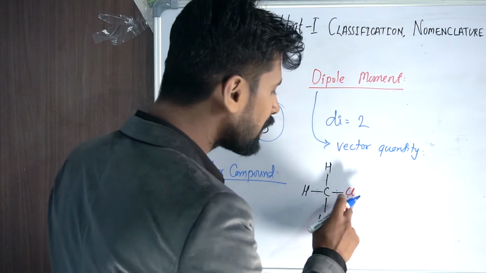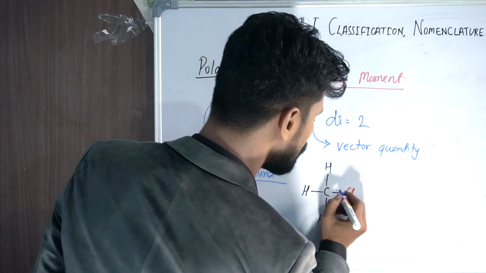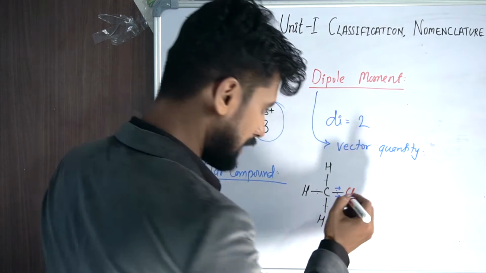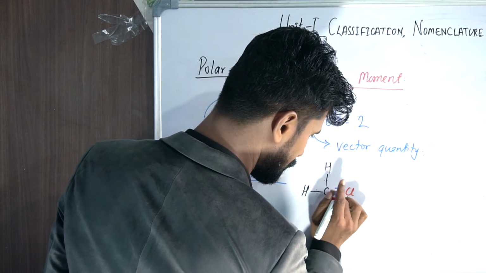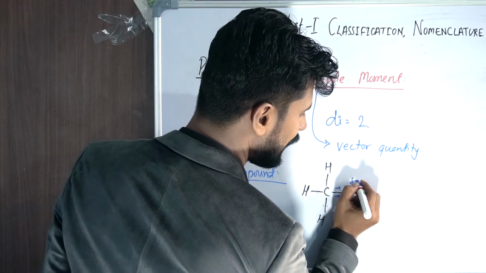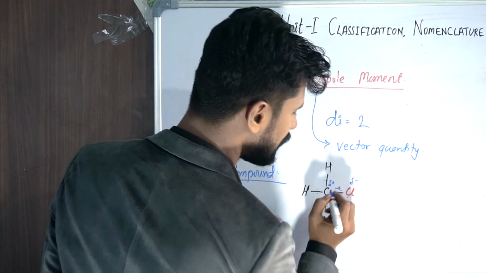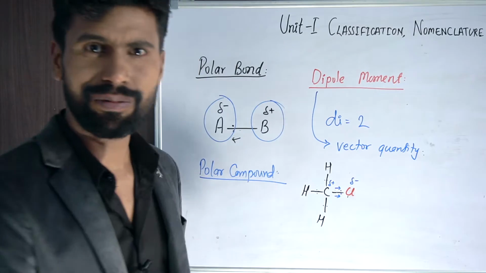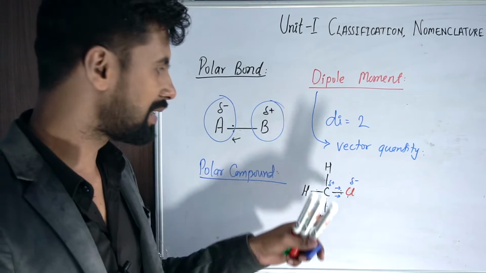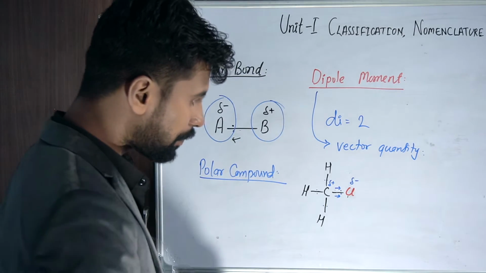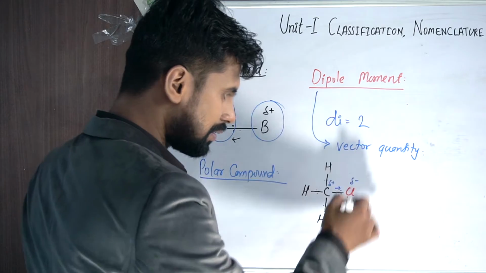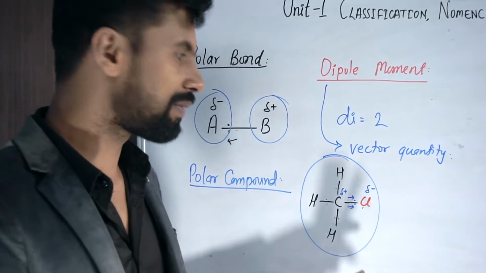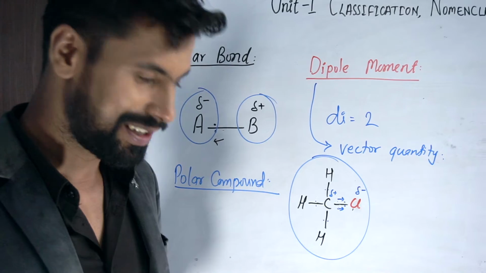But between carbon and chlorine, chlorine is more electronegative, so the bonding electron will shift towards the chlorine side. As a result, what will happen? Delta negative will develop here and delta positive will develop on carbon, and this type of bond is called what? Polar bond. We have just now seen this, right? So this molecule has a polar bond, that's why this is called a polar compound, right?